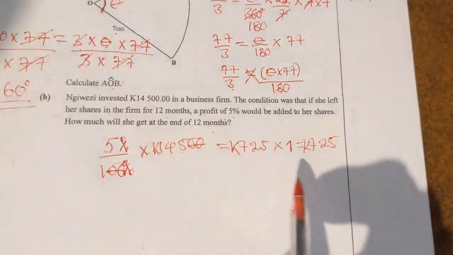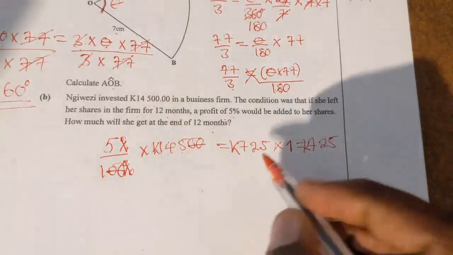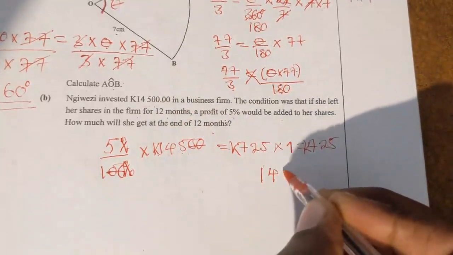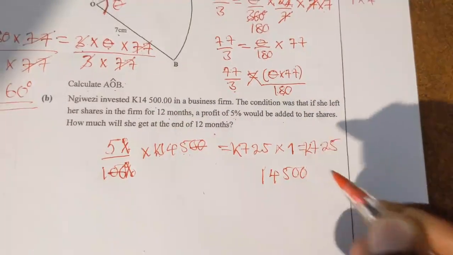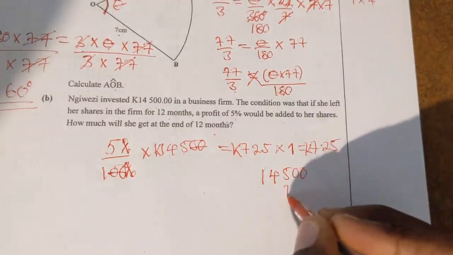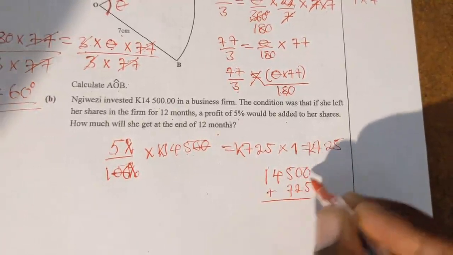So you need to add this 725 to this money. The money that she invested is 14,500, like that. So you are adding 725, simple as that.